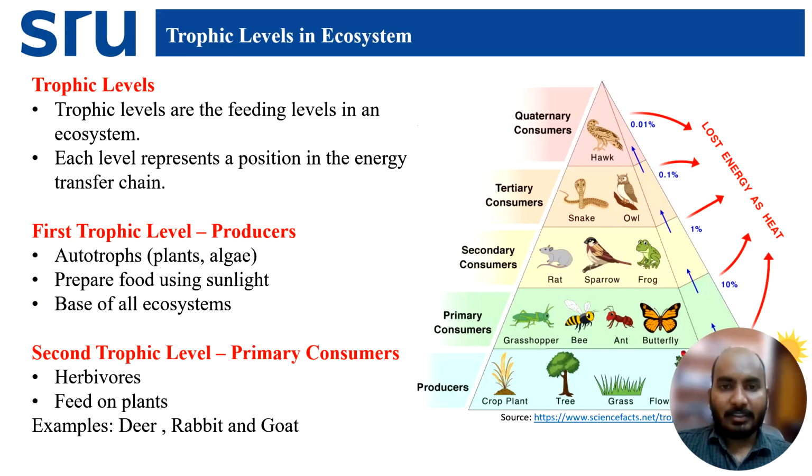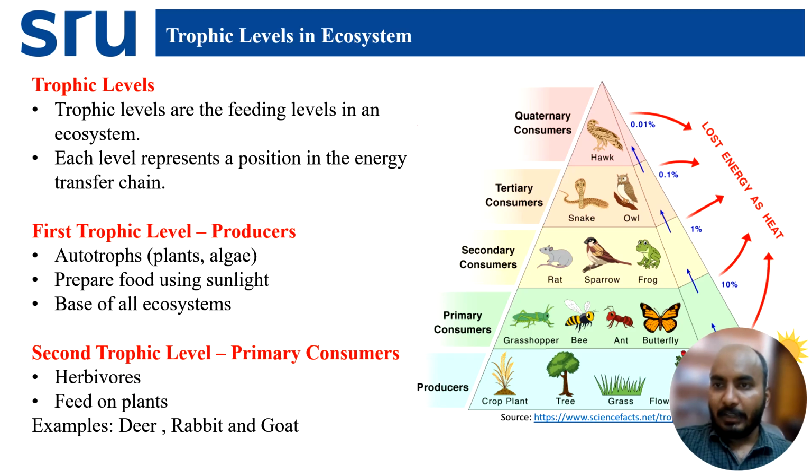In the next slide we can discuss trophic levels. You can see the typical figure of trophic levels in the ecosystem: producers, primary consumers, secondary consumers, followed by tertiary and quaternary consumers.